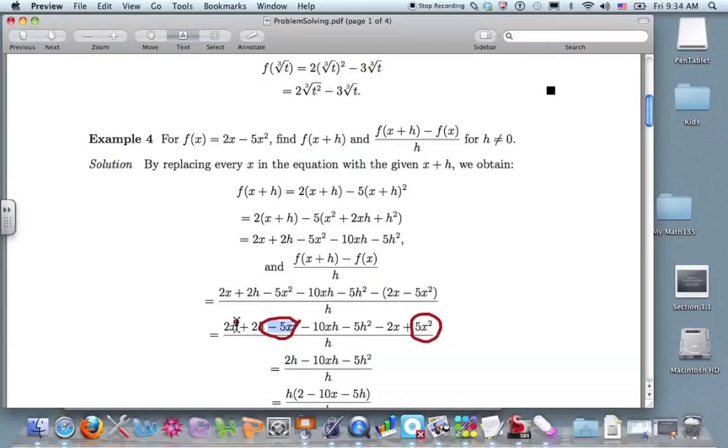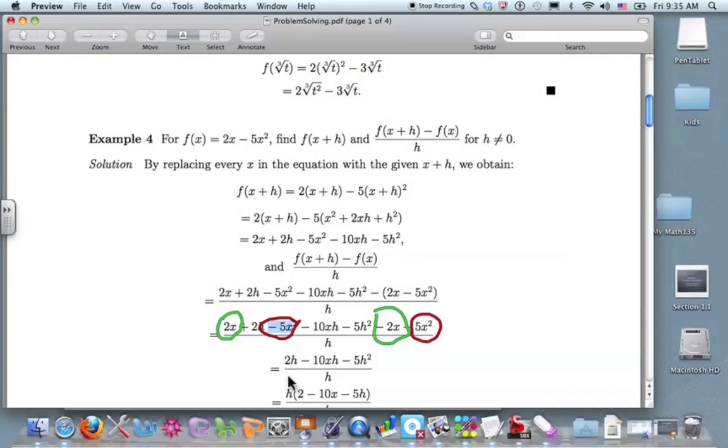Again, we have a 2x and a negative 2x, so these two terms cancel. What we have left is 2h, negative 10xh, and minus 5h squared.